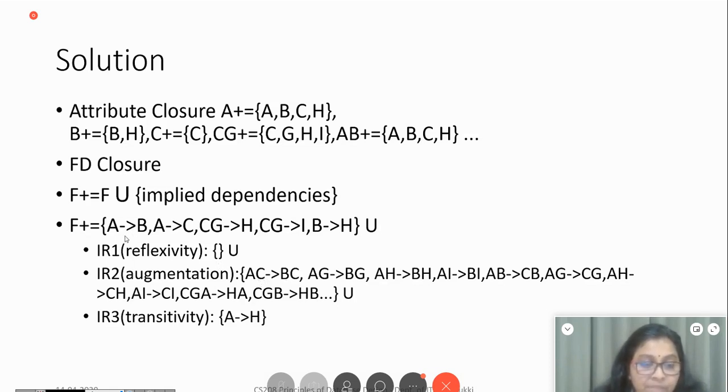A determines B, and adding C on the left and right, I get this new FD, isn't it? AC determines BC. Similarly, if I add G on the LHS and RHS, I get AG determines BG, and so on. By adding attributes on the left hand side and right hand side, we can create many new FDs, isn't it? So those all will come under the FDs that are generated afresh using IR2, the augmentation rule.